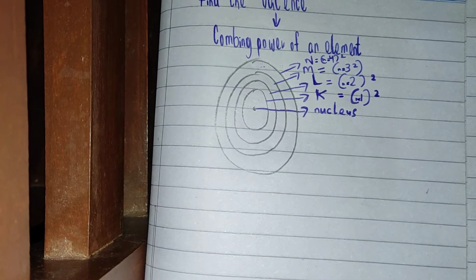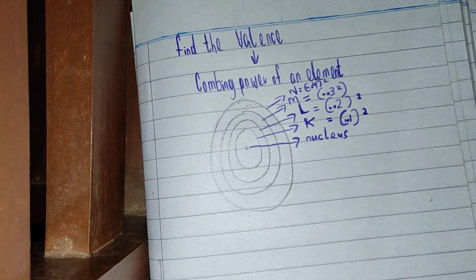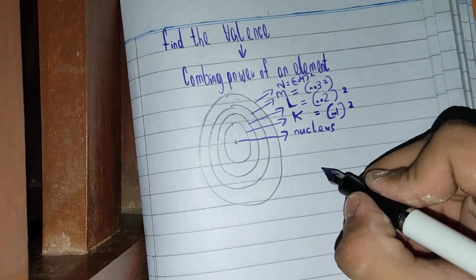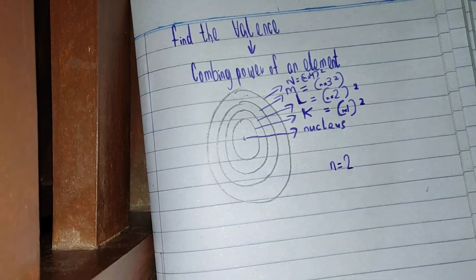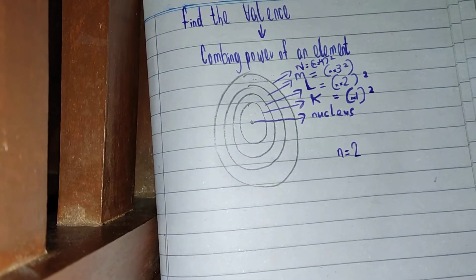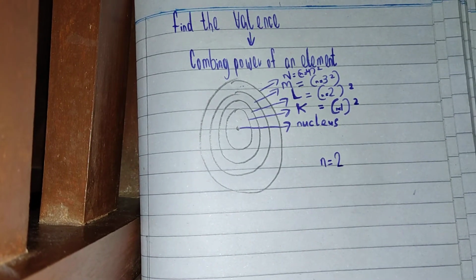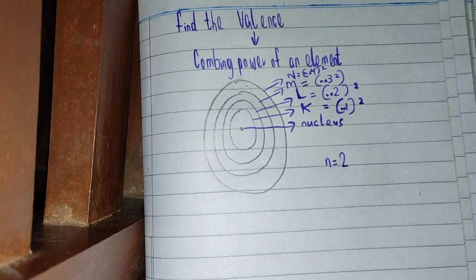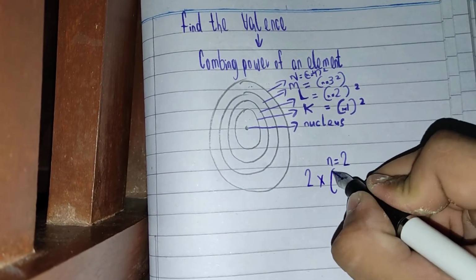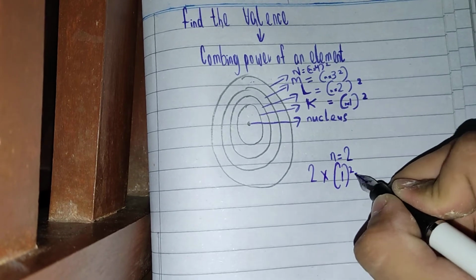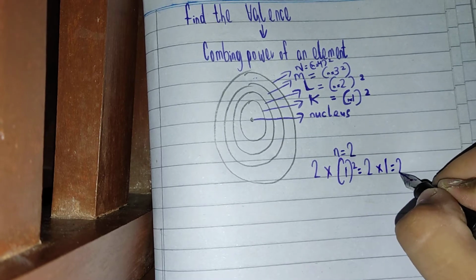Now, after the Bohr model, I will be telling you the formula. The formula is n equals... This is a formula for finding not valency, but how many electrons are needed to complete a shell. We'll be using 2 multiplied by 1 square, and the square of 1 is 1, so here it will be 2.